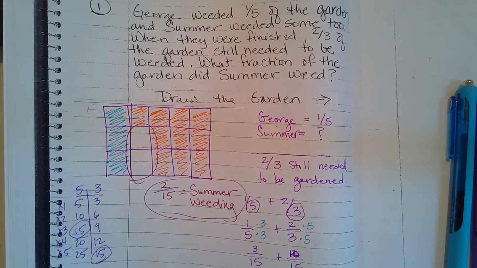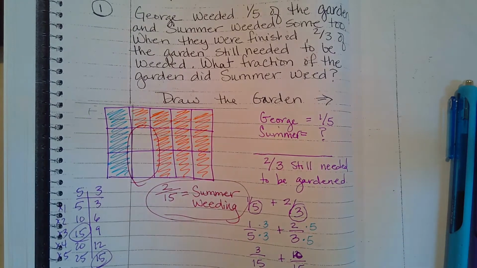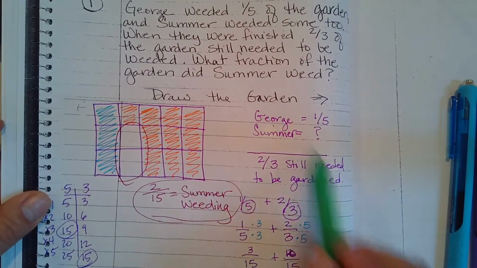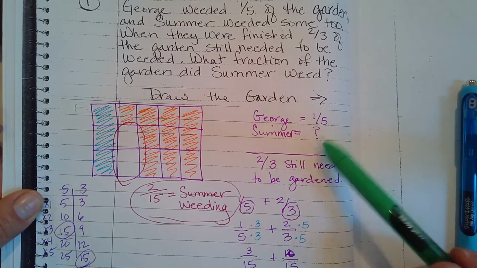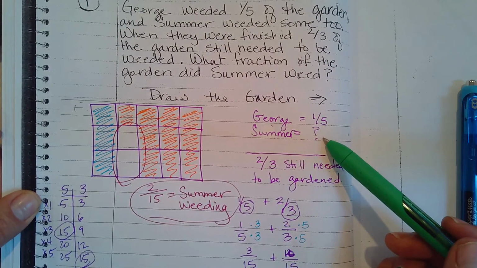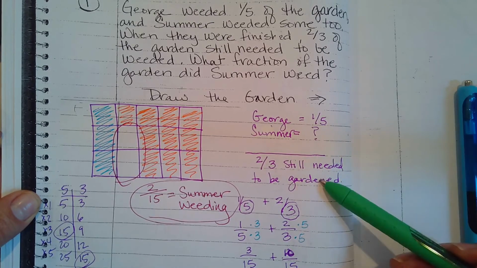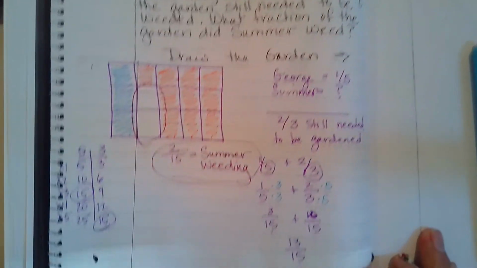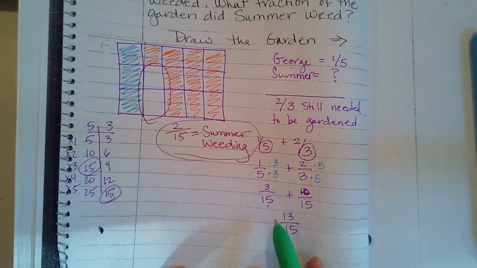So here's method 1, right? We didn't know what Summer had weeded. We did know what George had weeded. We knew what still needed to be weeded, and we added them up.